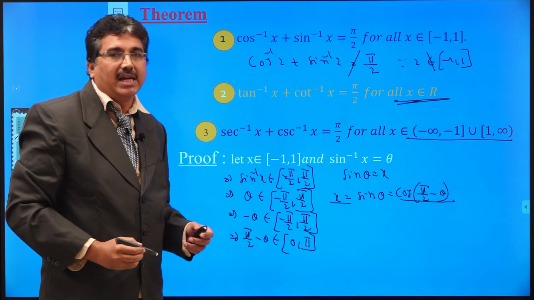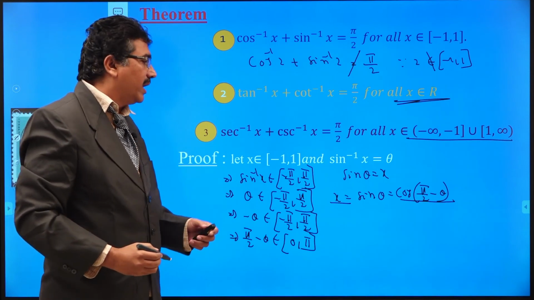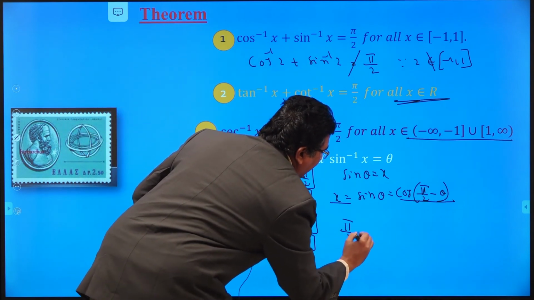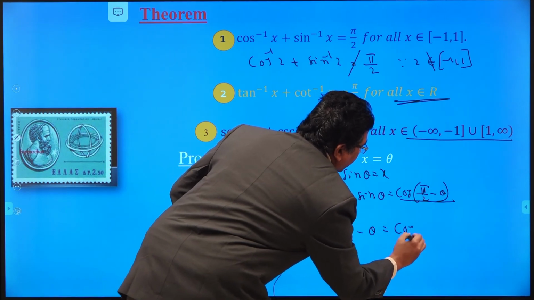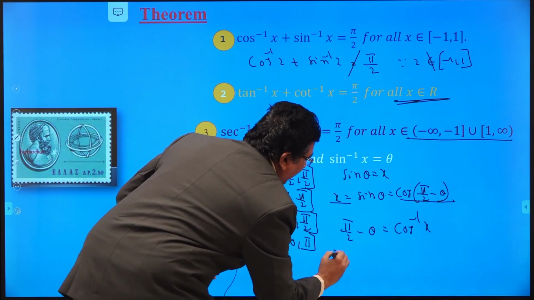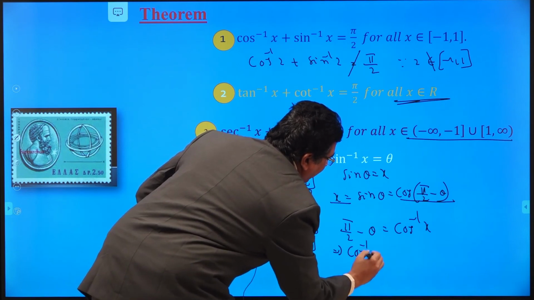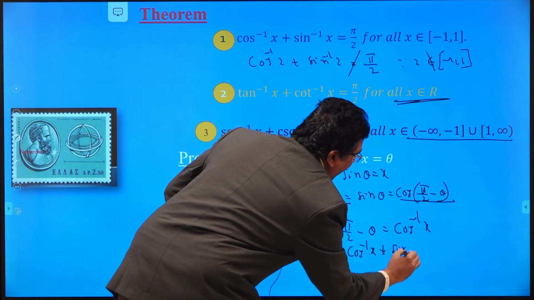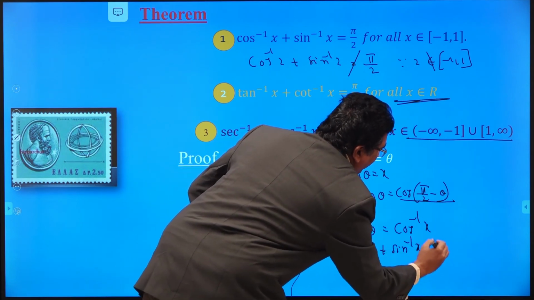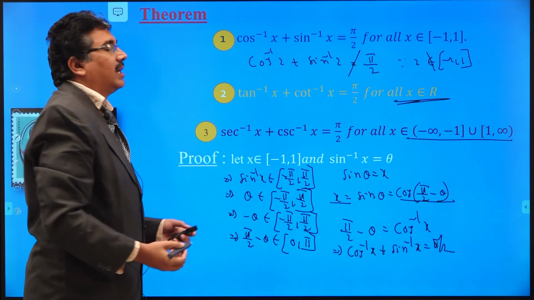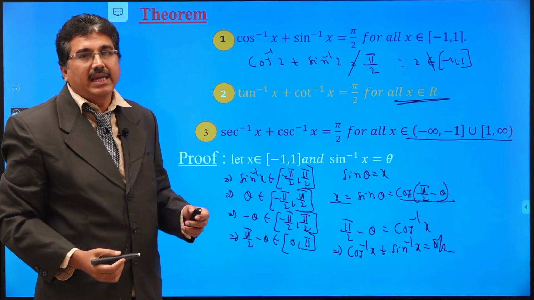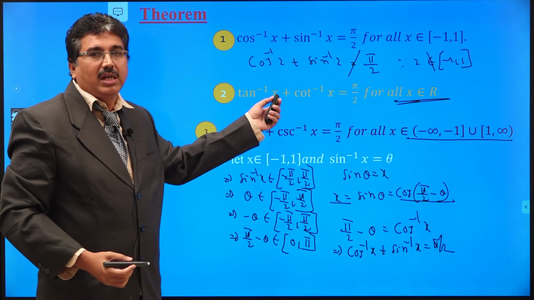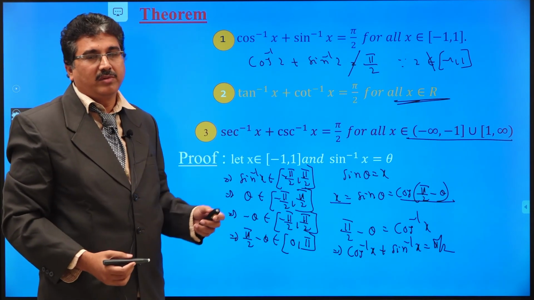By the definition of inverse trigonometric functions, pi by 2 minus theta is equal to cos inverse x. That implies, with theta equal to sin inverse x, cos inverse x plus sin inverse x is equal to pi by 2. This is the way to derive the remaining two results also.